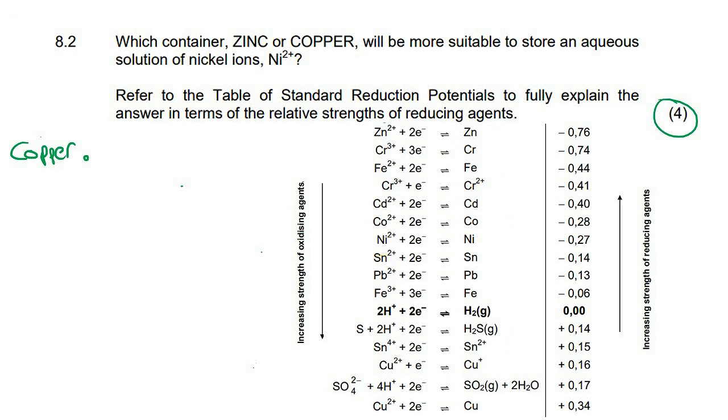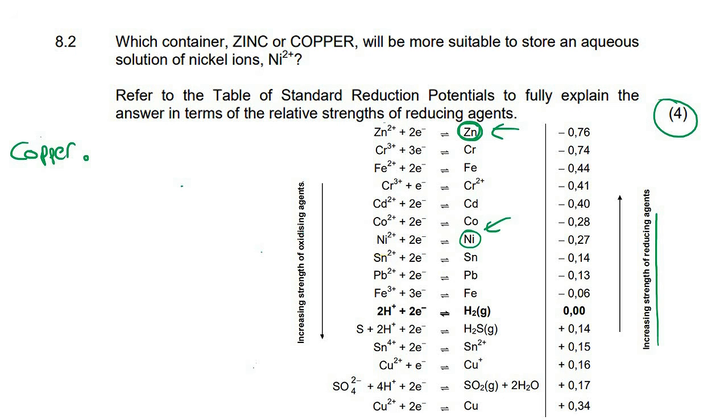Okay, so let's start with zinc and compare it with nickel. I know that in our reaction we had nickel 2+, but we still need to compare these two with each other because they are reducing agents. Now, when you follow this arrow, it goes upwards. As it goes up, the strength of the reducing agent becomes better. So who's the better reducing agent between zinc and nickel?